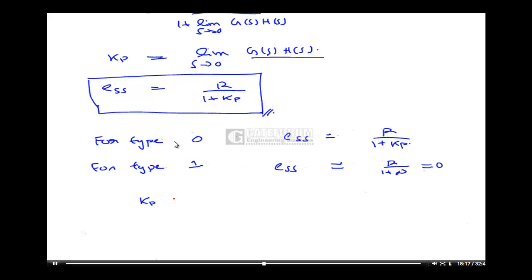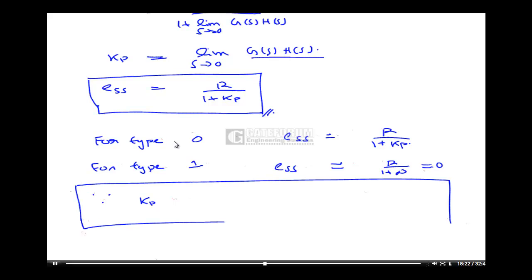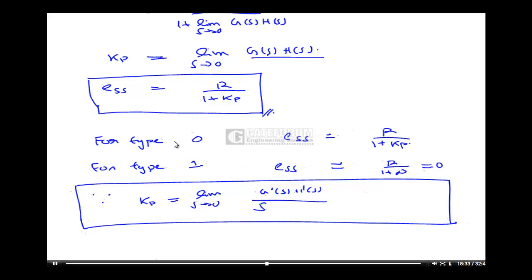Because Kp in that case, just write a note, is the limit s tending to 0 of G'(s)H'(s) upon s. This s in the denominator will make my whole term infinity. That means only for type 0 is e_ss finite; for type 1 and type 2, e_ss is going to be 0 only, and Kp is infinite. Okay, so this is the steady state error for the step input.